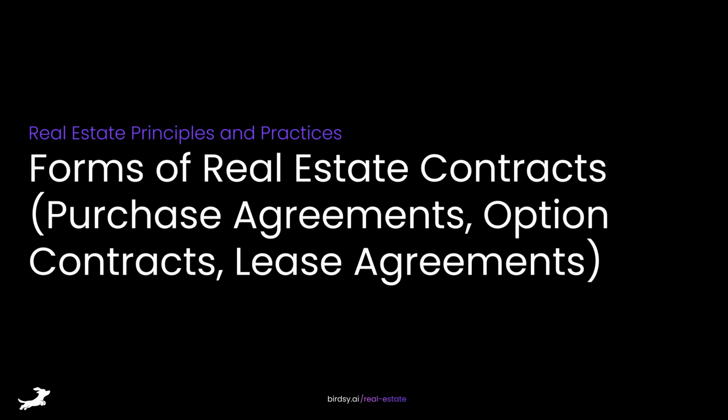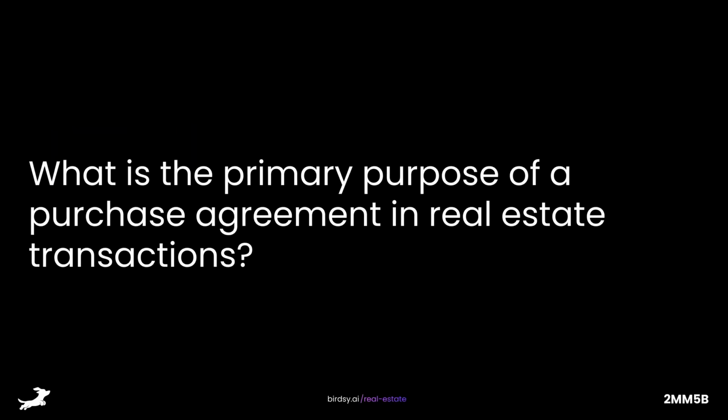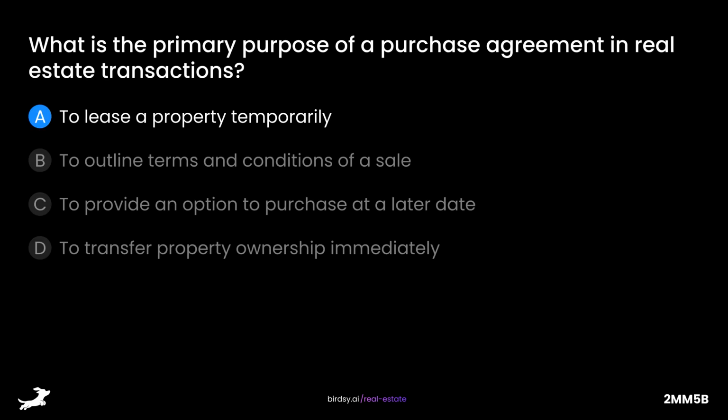Forms of real estate contracts: purchase agreements, option contracts, lease agreements. What is the primary purpose of a purchase agreement in real estate transactions? Is it A, to lease a property temporarily, B, to outline terms and conditions of a sale, C, to provide an option to purchase at a later date, or D, to transfer property ownership immediately?